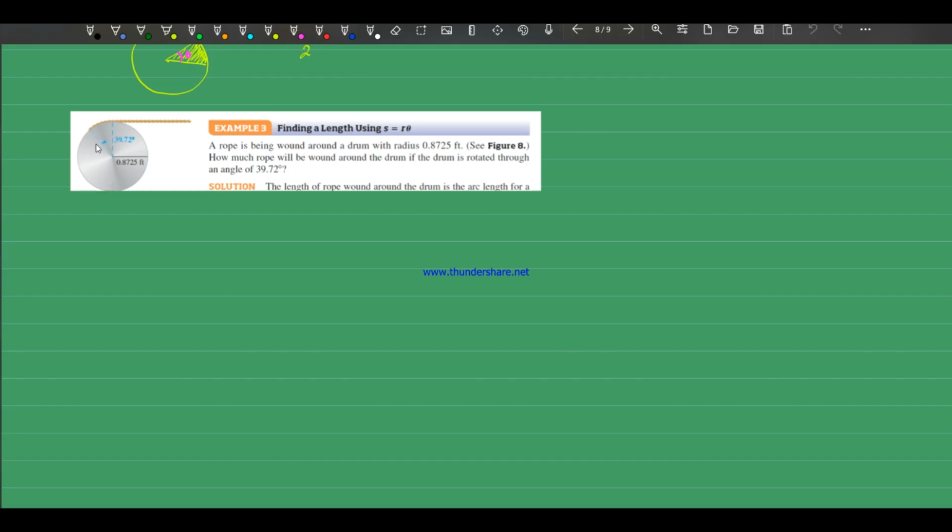This is the radius. How much rope will be wound around the drum if the drum is rotated through the angle 39.72 degrees? It rotates from here to this position. So basically they ask you to find the arc length right here.